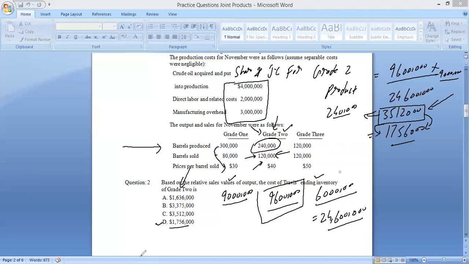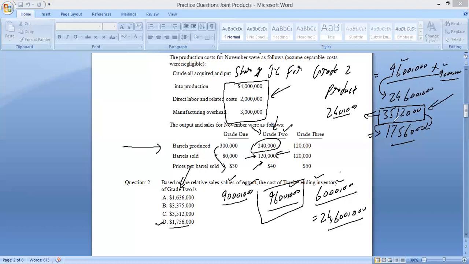Further, you can put your comments. As I explained, it's a simple method. We apply the sales value method. In order to apply it, first you should have sales. We got the sales, and we calculated the share of cost for grade 2 product as sales value of grade 2 divided by total sales value multiplied by joint cost, which is given here.